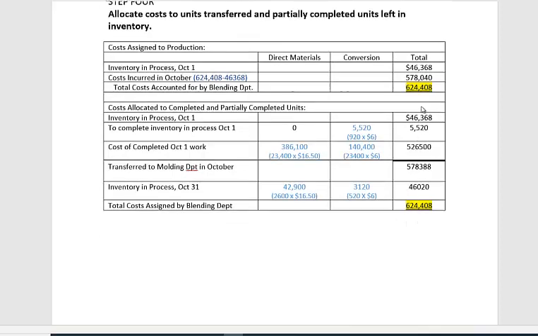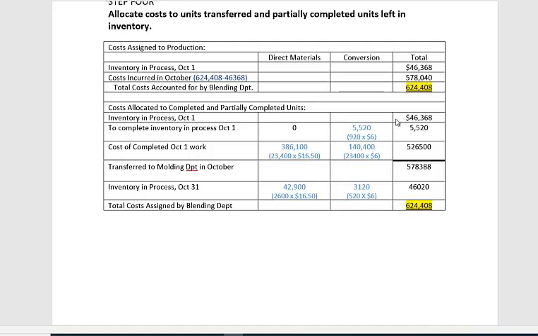You add those together, and then the total cost that we're going to be accounting for is $624,408. Now we'll take these costs, and using the equivalent units and the cost per unit, we're going to allocate those costs to the beginning inventory, the cost of the completed work and transferred out, and then the ending inventory. Okay, so let's start with the inventory in process.